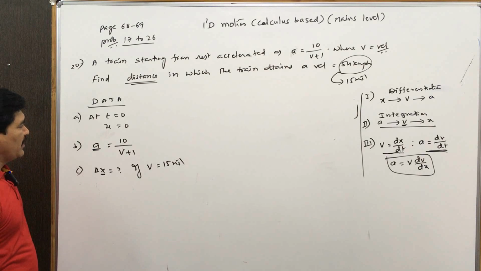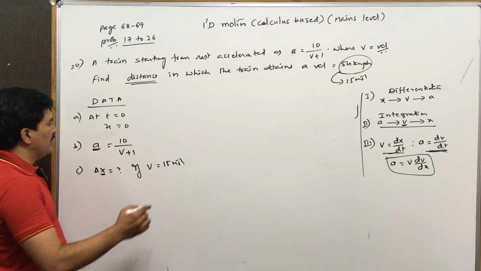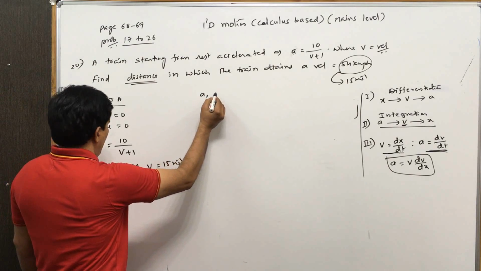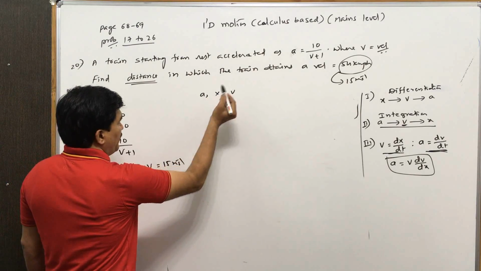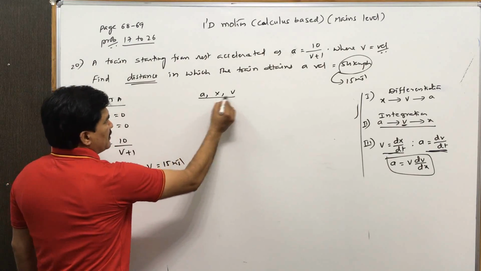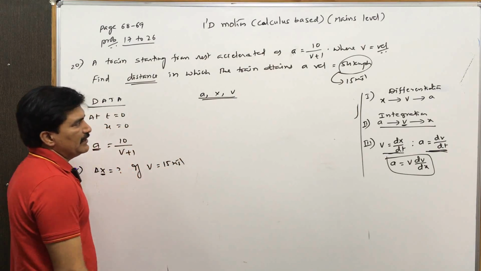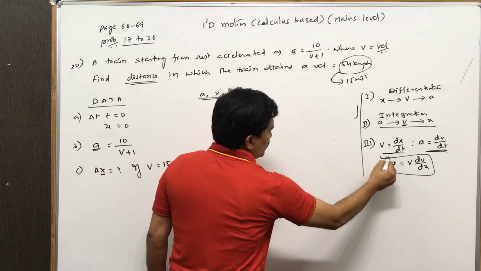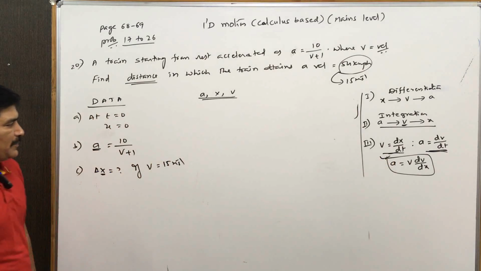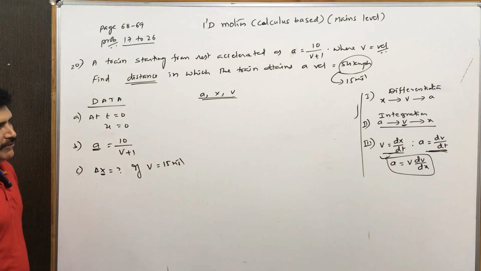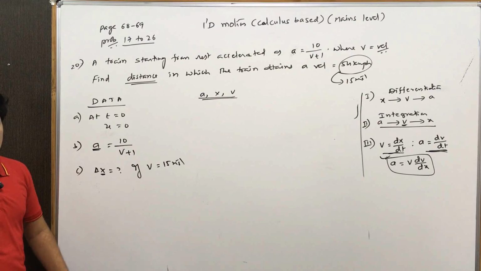Now if you observe carefully, here we have the relations between a, x, v. So I have to think of the equation involving these three, that is only this equation. In the place of a you have to write v into dv by dx, then simplifying you will get the required one.